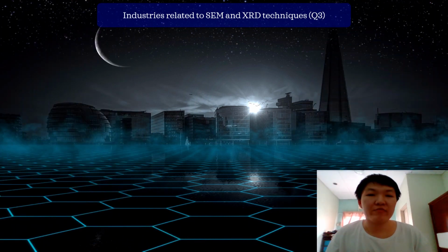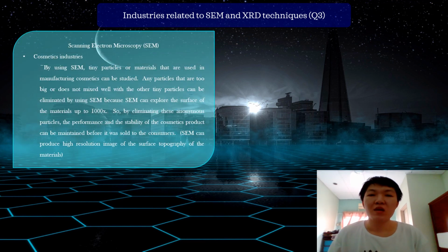Next are the industries related to the techniques used in the research. The first industry related to SEM is the cosmetic industry. By using SEM in the cosmetic industry, any tiny particles or materials used in manufacturing the cosmetic products can be studied, because any particles that are too big or do not mix well with the other tiny particles can be eliminated.